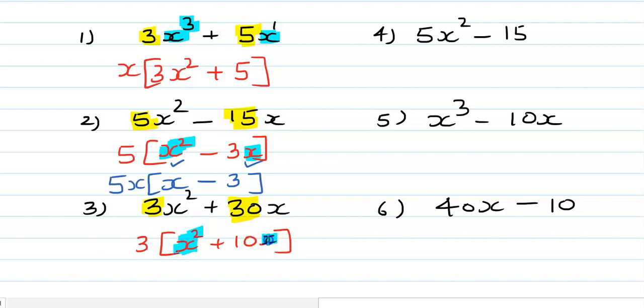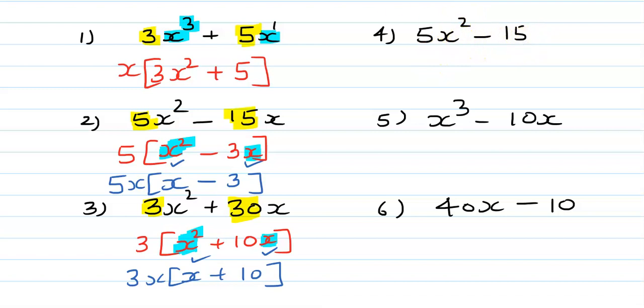Here x is 2 and here x is 1. Okay, so how many x's can come out from here and from here? 1x from each term. So x squared, 1x is out, so 1x left. 10x, 1x is out, so 10 left.